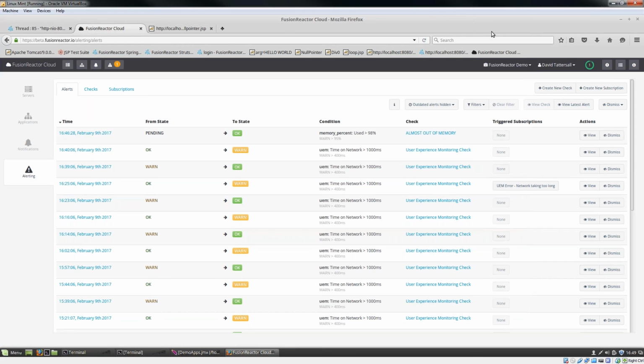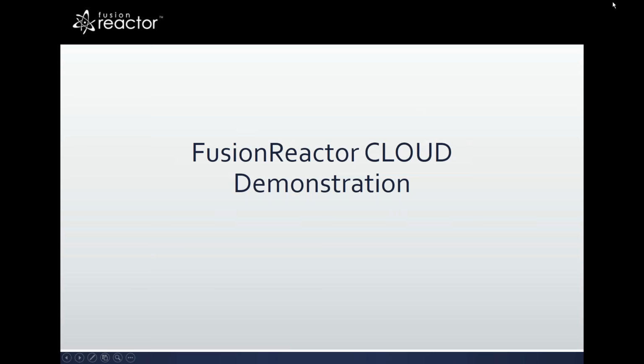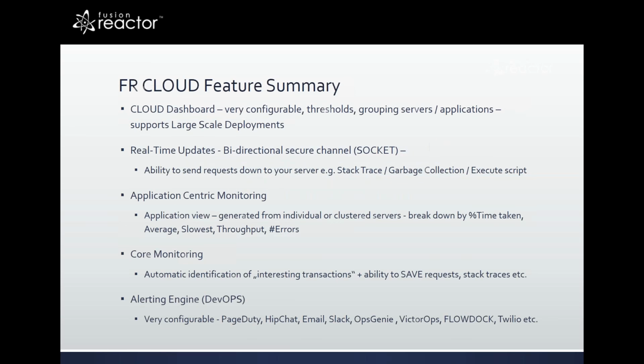One of the main features is now the application-centric monitoring. So rather than just having single request or transactional views, which you've currently got in FusionReactor on-premise, you can now aggregate server instances together and provide an application view. And as we've seen, you can break that down.